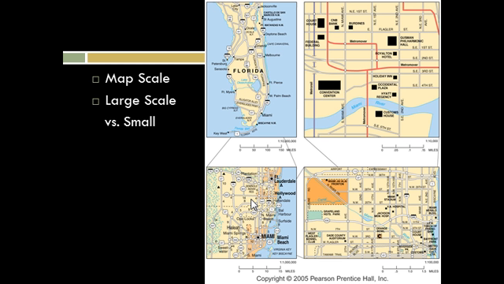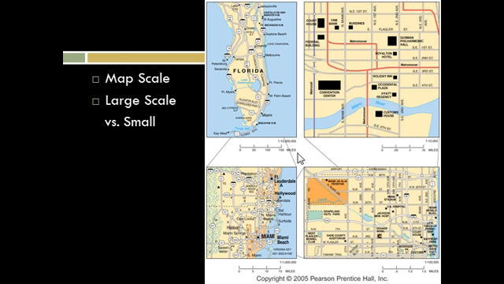Guess what? It's just the opposite. The map that shows the larger geographic area, what we're going to call that? We're going to call that the small scale map. In contrast, the map that shows the smaller geographic area, the word that we're going to use to describe that is it is a large scale map. Now you're probably curious, why would that be?